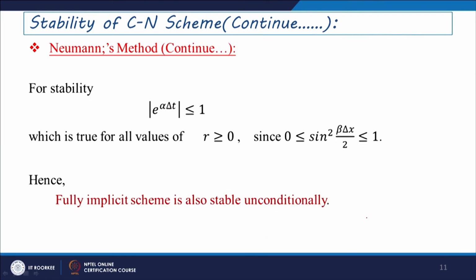And this is less than 1, which is true for all values of r greater than or equal to 0, since if you consider this condition, 1 minus 2r sin square beta delta x by 2 lies between 0 and 1 there itself. Hence in the fully implicit scheme, we can say that it is unconditionally stable here. Thank you for listening to this lecture.